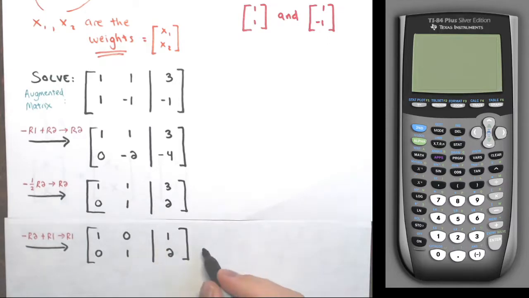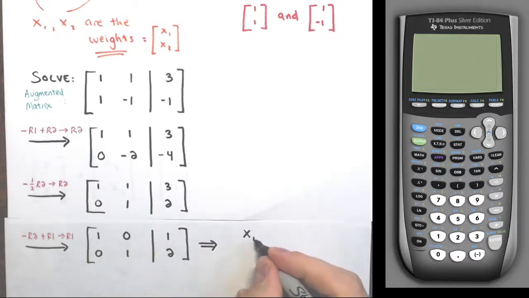All right. So this leads me to the solutions. Remember, these are the coefficients of x1, these are the coefficients of x2, and these are constants with a little equal sign. So that first row corresponds to x1 equals 1. And that second row corresponds to just 1x2, so x2 equals 2. And here are going to be the weights.